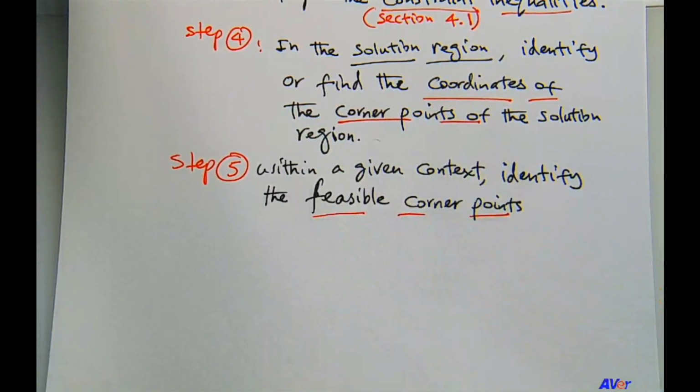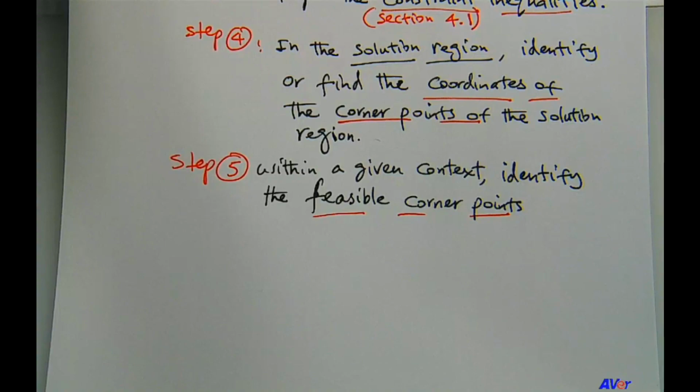This is important because in the geometric approach, the method gives you all possible corner points for maximizing or minimizing a function, regardless of whether those points are feasible in a context. What is a context? A context would be given to us in a word problem.